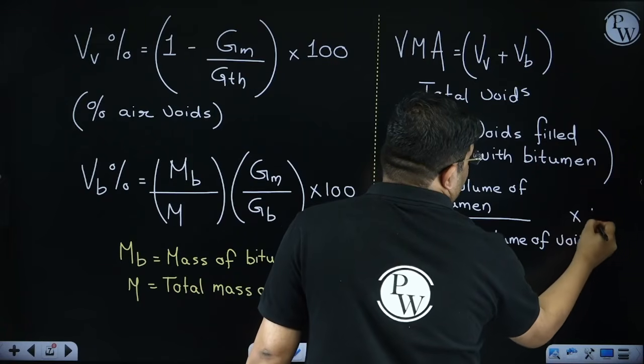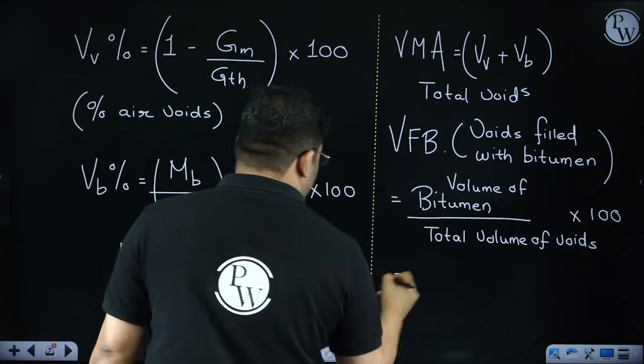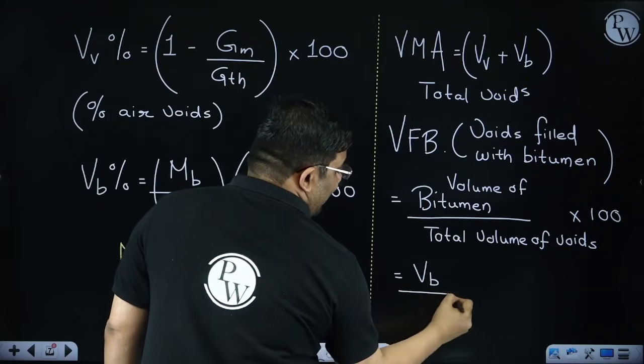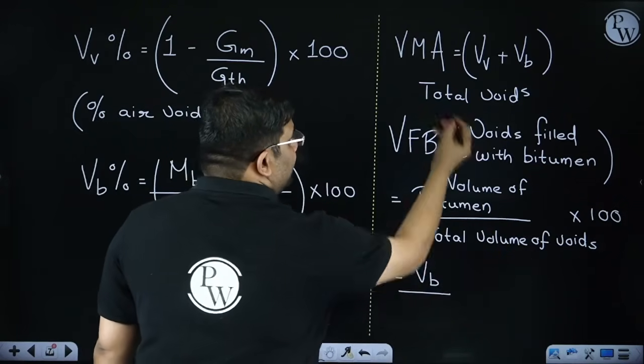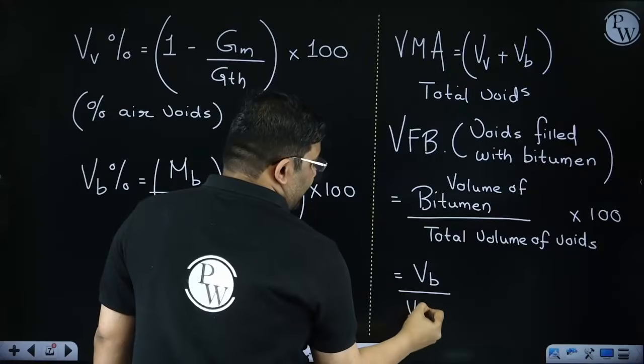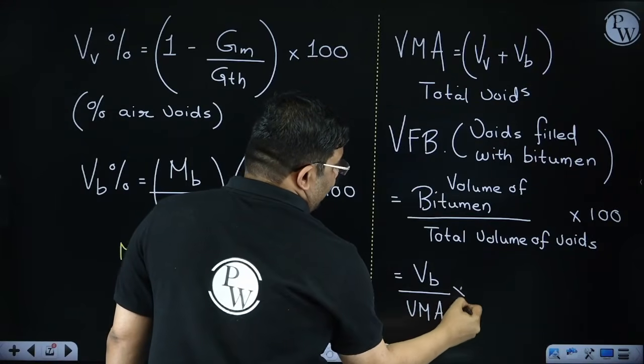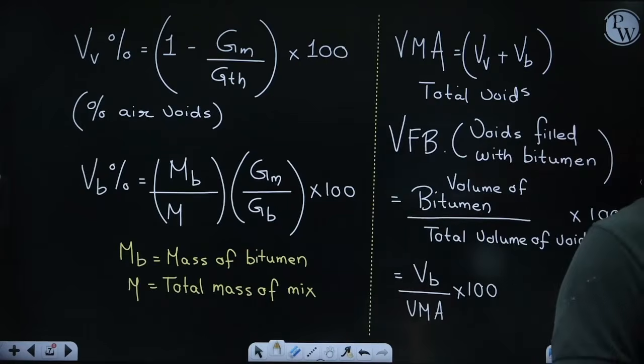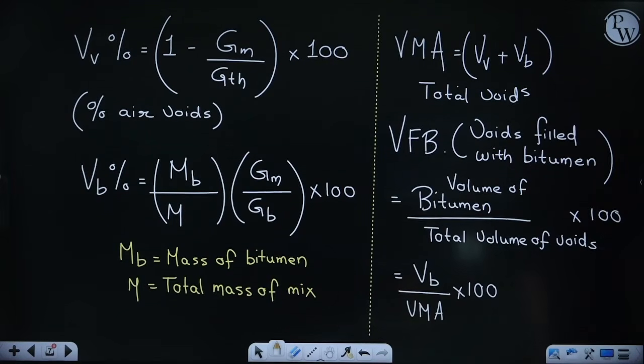Now see, the volume of bitumen we have calculated. This VB is the volume of bitumen, divided by the total volume of voids, which is VMA. So simply VB divided by VMA into 100 will give me VFB. These are very important formulas which they repeatedly ask in the GATE exam.